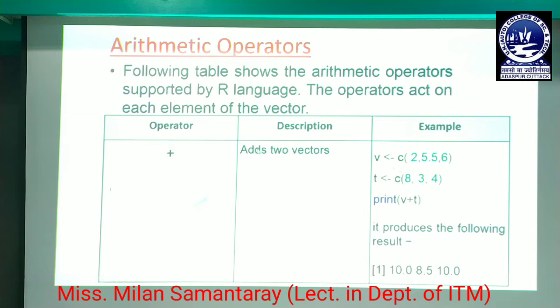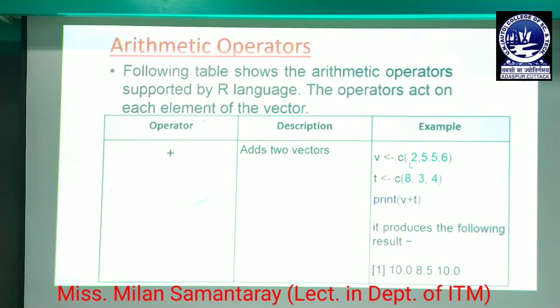We have to add the two vectors. As we know, vectors are represented by the concept of matrices; this is the first element, this is the second, and this is the third element.